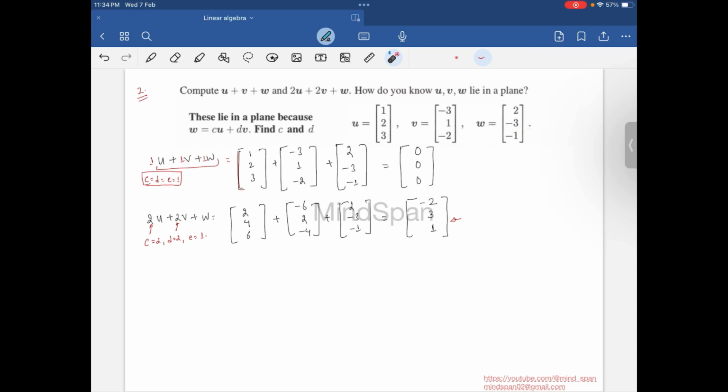Let me tell you one more time, if these 3 vectors are lying on a plane in 3-dimensional space, then we can guarantee that one of these 3 vectors is a linear combination of the other 2 vectors, right? So if it is not directly visible to you, do not worry about that.